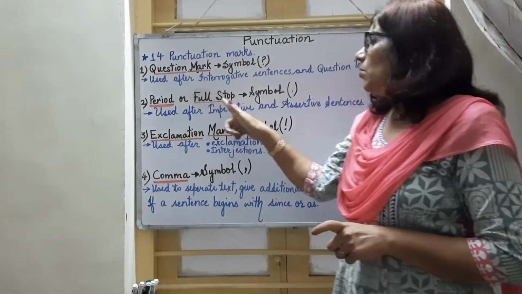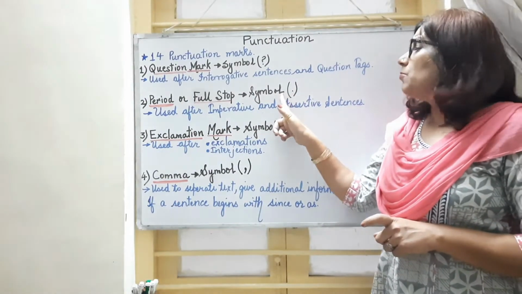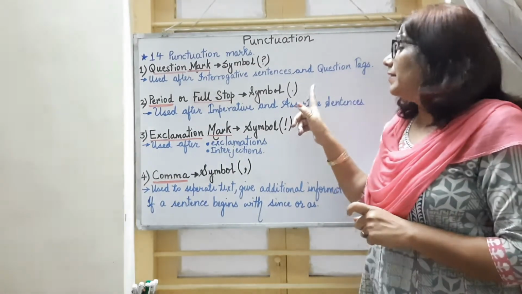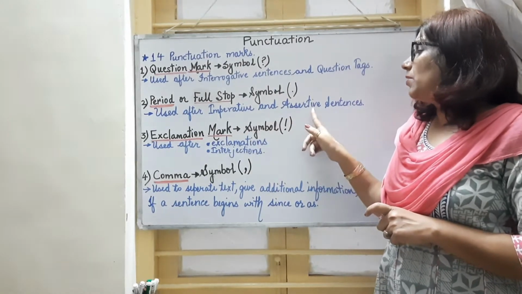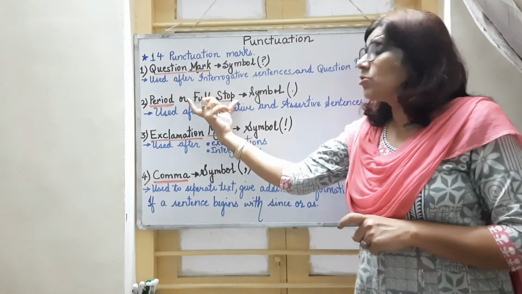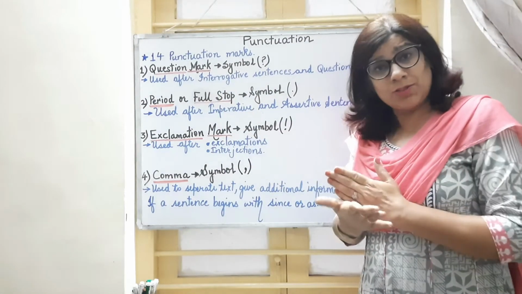Next is period or full stop. We all know the symbol of period or the full stop. Full stop looks like a dot, right? And this full stop is always used at the end of an imperative statement or a declarative statement. The word full stop comes with two words, full and stop.